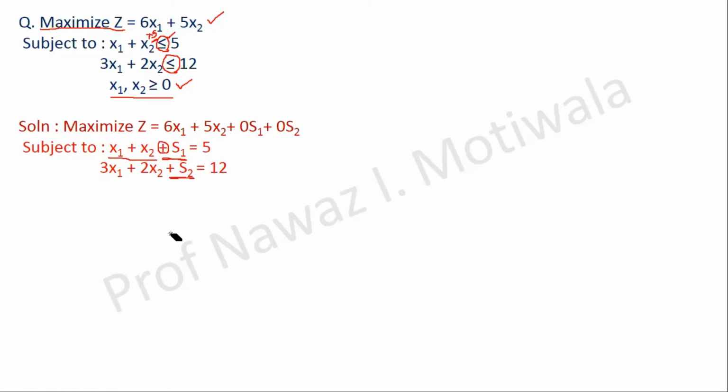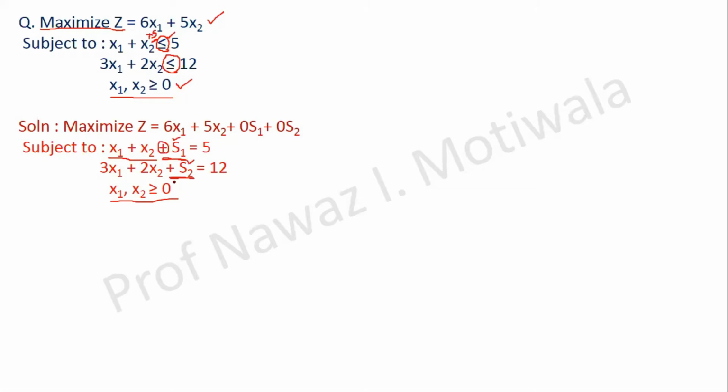After converting the non-equalities into equalities, the x1, x2 greater than 0 will remain as it is, because it is a quantity, it cannot be less than or equal to 0. Then you have to make some changes in the objective function also, because we have introduced two more variables s1 and s2.